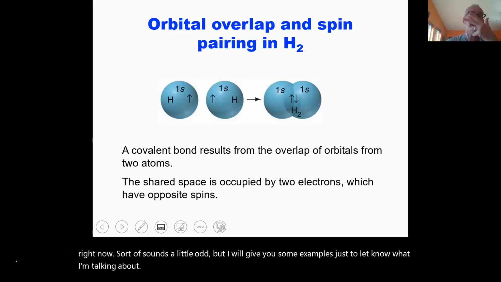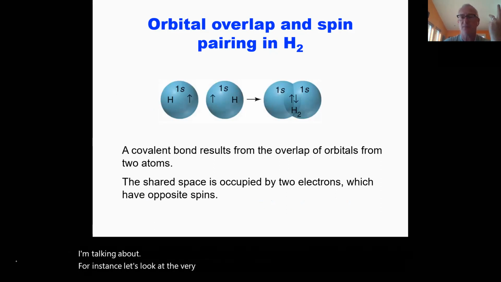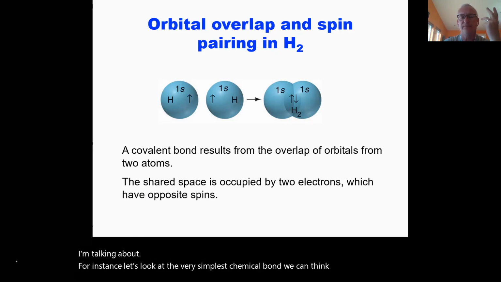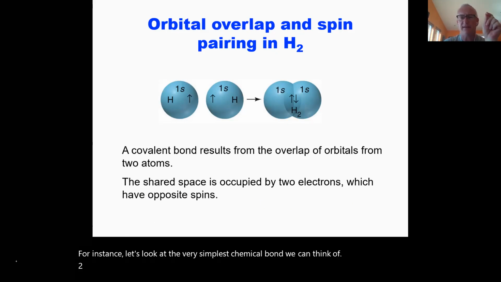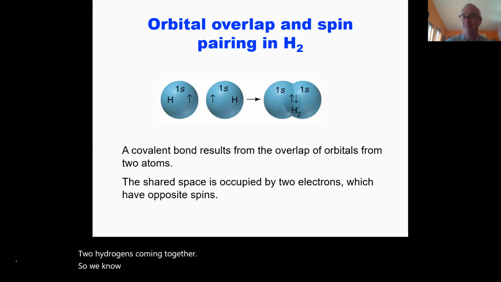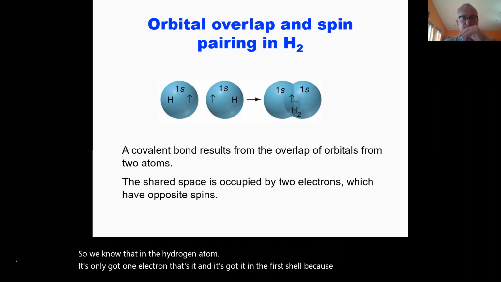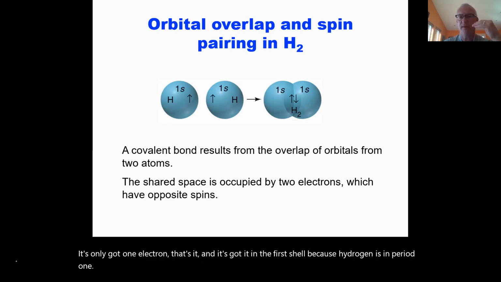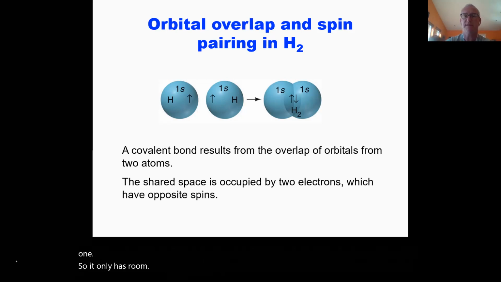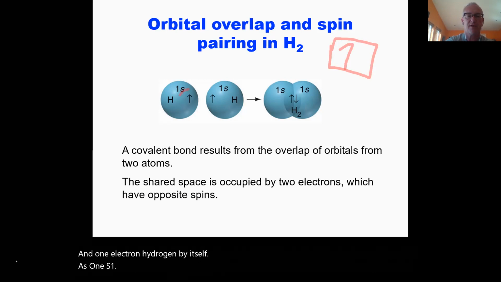For instance, let's look at the very simplest chemical bond we can think of: two hydrogens coming together. So we know that the hydrogen atom only has one electron. That's it. And it's in the first shell because hydrogen is in period 1, so it only has room for 2 electrons. It has one 1s electron. So here's the electron there.